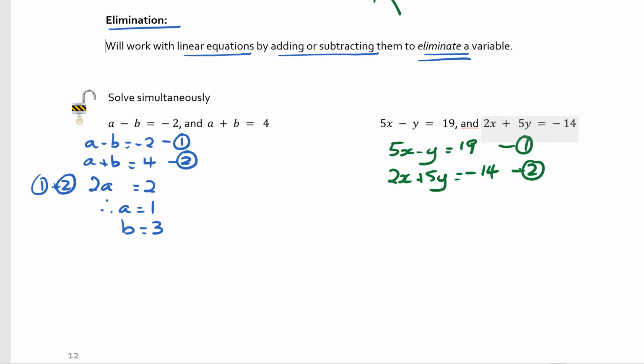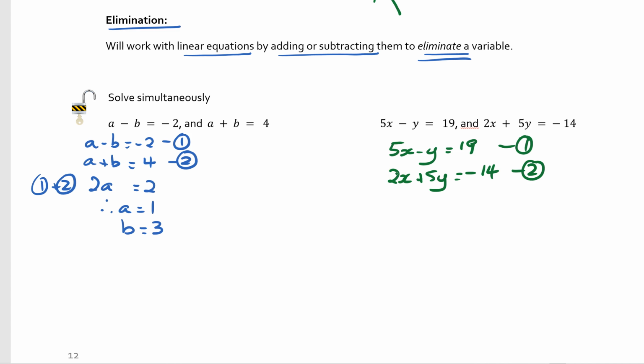Which is the easiest process to get the same coefficient? Well, the easiest is that if I multiply everything in equation 1 by 5, then I'll have the same coefficients of the y. The more difficult alternative, but just as valid, is to say, well, if I multiply everything in the first equation by 2 and everything in the second equation by 5, I'll have 10 x's here, 10 x's there, and then I'll get rid of the x's.